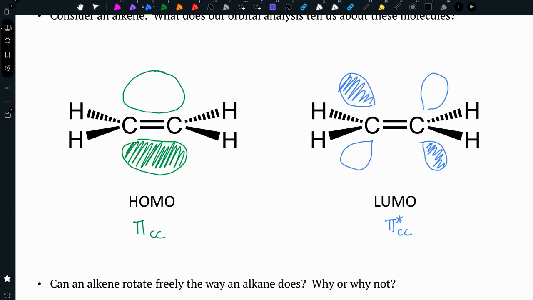Now, pi CC is a decent donor. We're going to see lots of reactions where pi CC acts as the donor. Pi star CC is not a good acceptor.